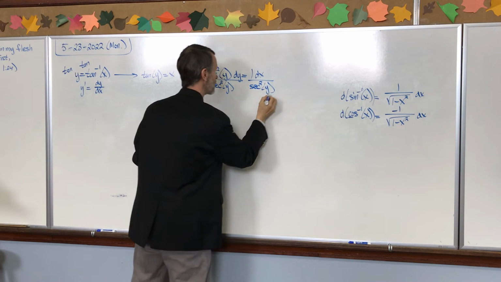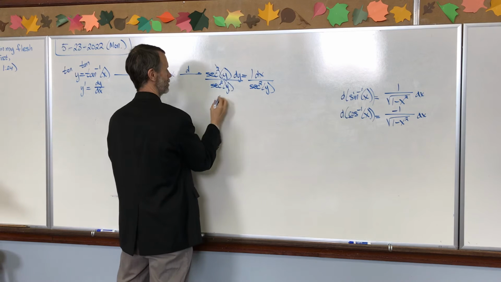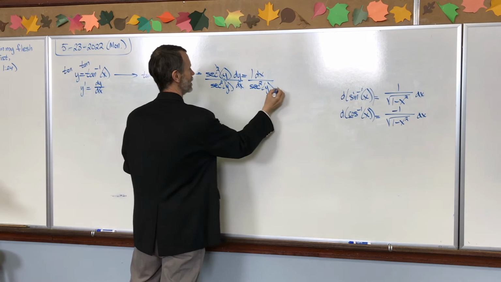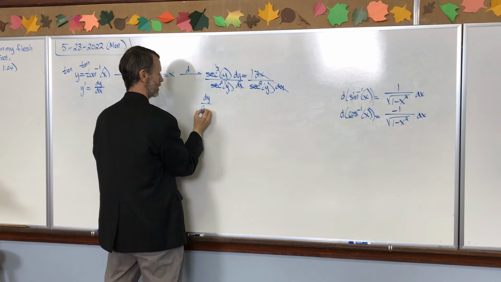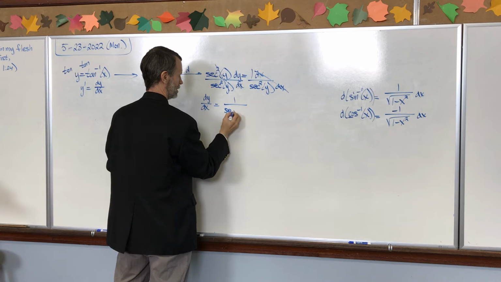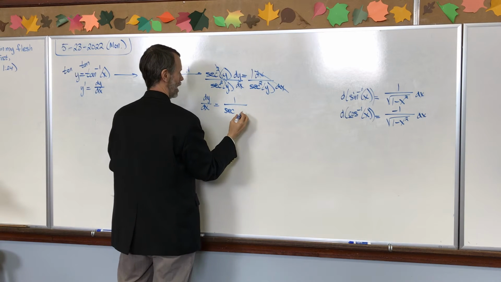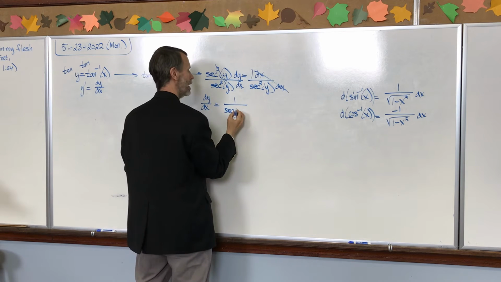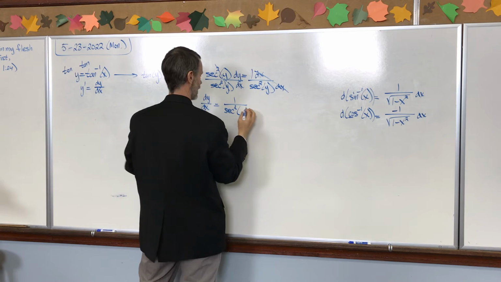Okay. Now what? Divide by dx. Good. dx is canceled. So we have dy over dx is equal to what? 1 over secant squared of tan y. Or no, inverse tan of x. Clever. And so it's secant squared of, and go ahead and plug this back in.